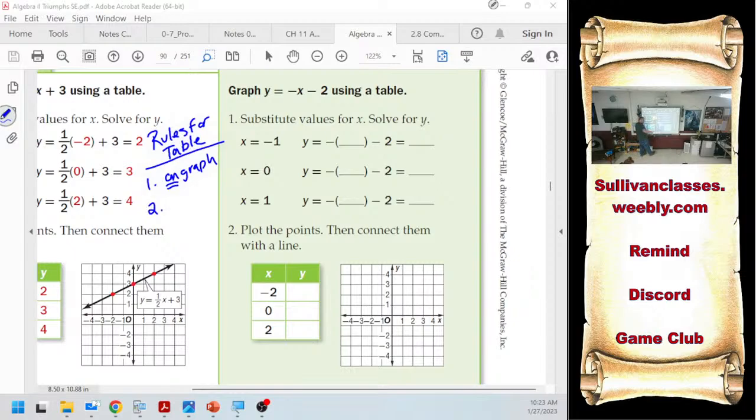2, Emily said, I want to choose negative, 0, and positive numbers if at all possible. I want to see what's going on both sides of this graph. And 3, Leighton, say that again.